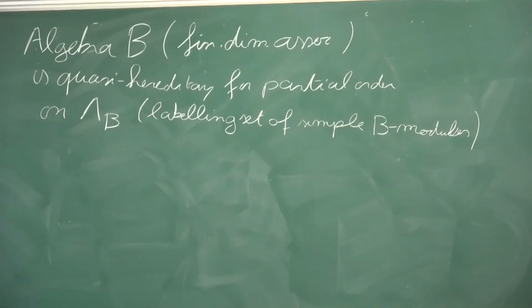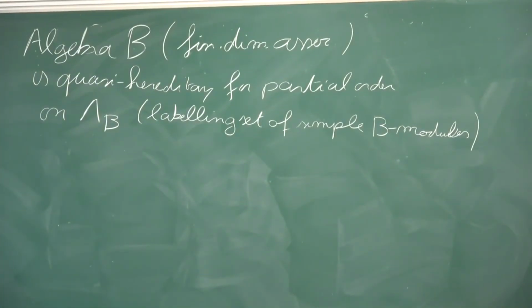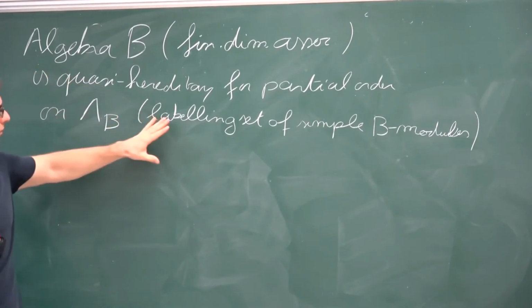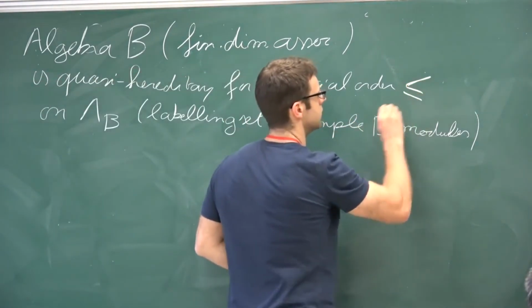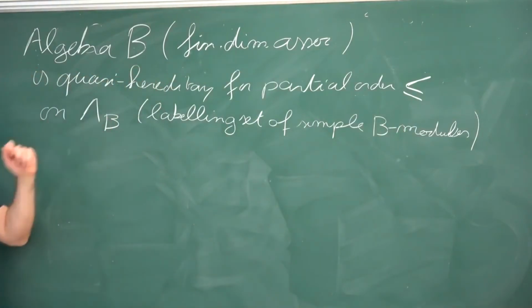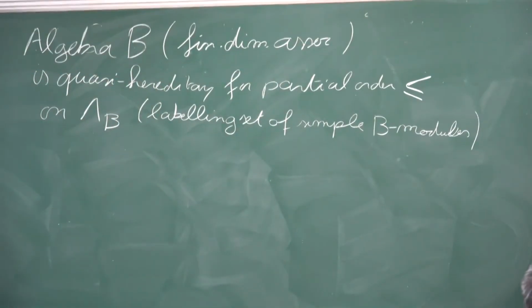There are many equivalent definitions, I think. I'll just give the one which is most intuitive, which is a representation theoretic description. So if you have some partial order on lambda, a labeling set of simple modules.